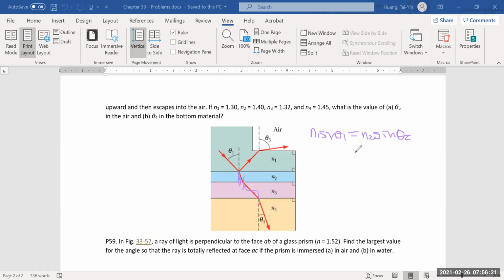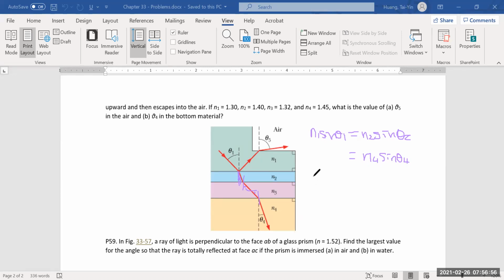So skipping the intermediate refractions, you'll find that N1 sine theta 1 is actually just equal to N4 sine theta 4. Because the angle of refraction at each interface is equal to the angle of incidence at the next interface, by propagating through the different layers we can just set up that N1 sine theta 1 is equal to N4 sine theta 4.